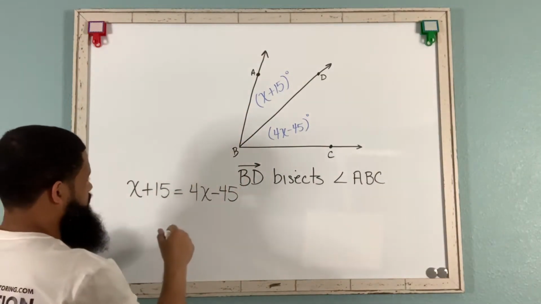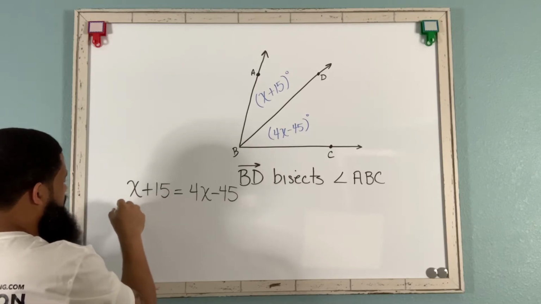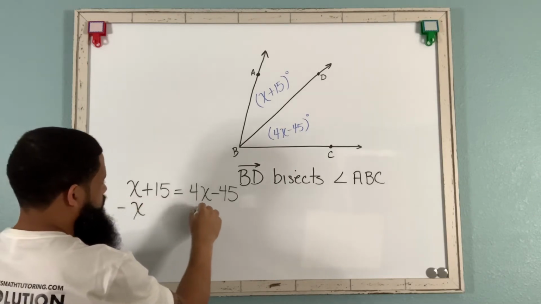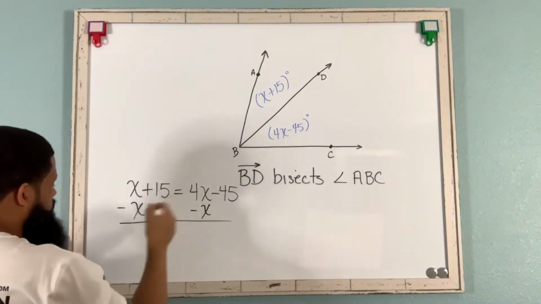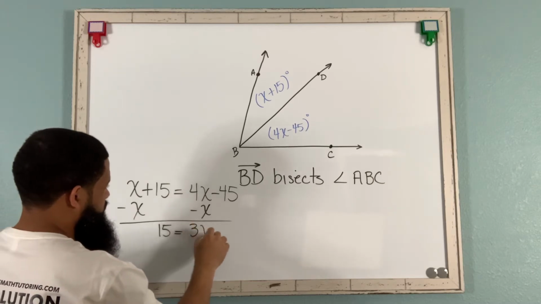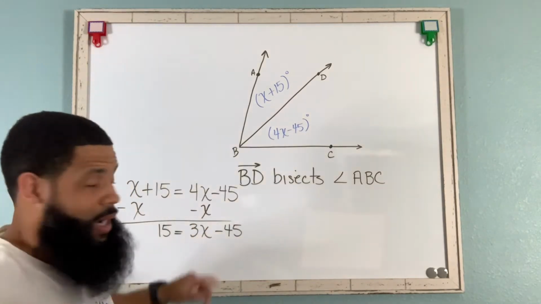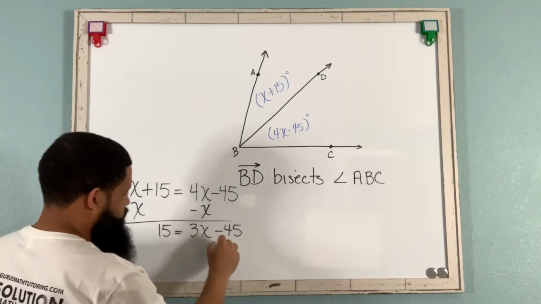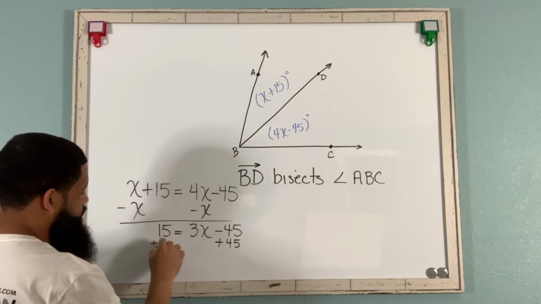So let's do this. Let's solve by subtracting X on both sides. Remember, there are multiple ways we can solve this equation, multiple entry points. So I'm left with 15 is equal to 3X minus 45. If I want X by itself, I need to take the minus 45 to the other side, so I add 45.